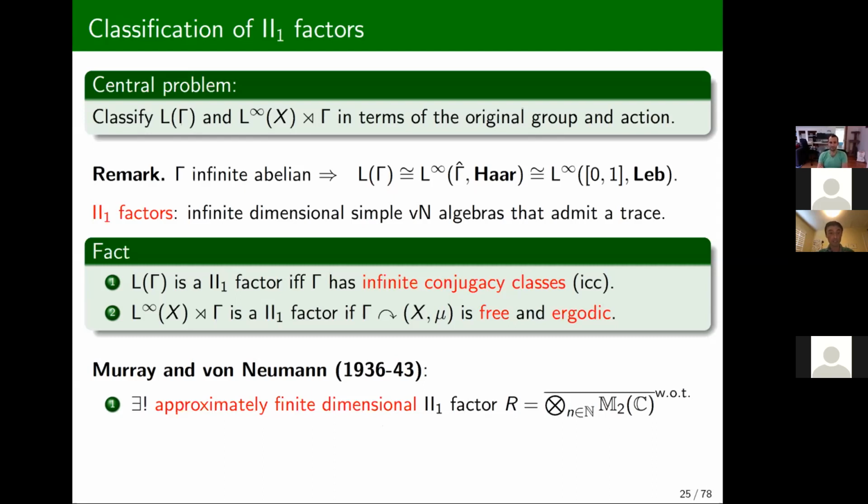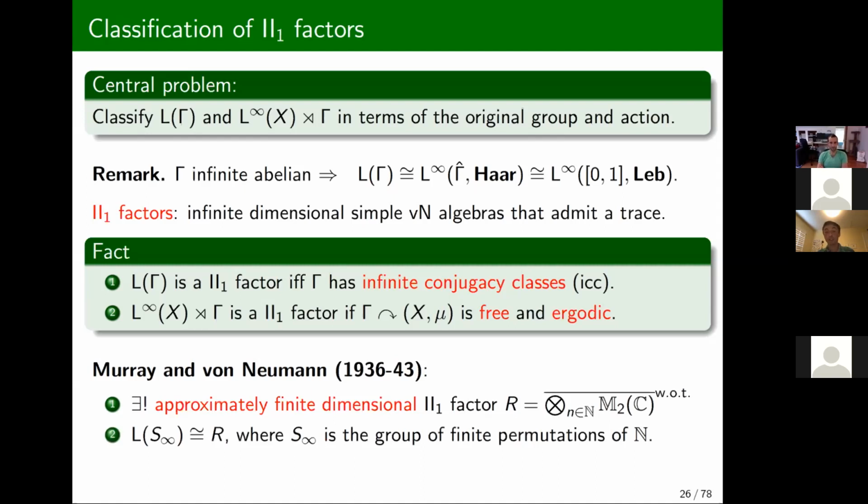The other fact that they showed is that if you look at the group S-infinity of finite permutations of the naturals, so these are permutations that only move finitely many natural numbers, then L(S-infinity) is isomorphic to R. It's isomorphic to the approximately finite dimensional factor R.